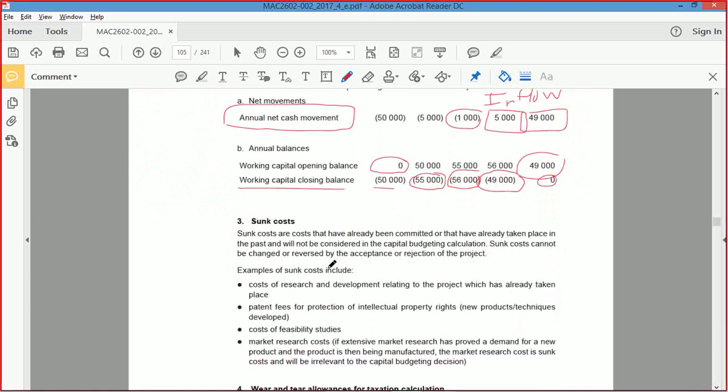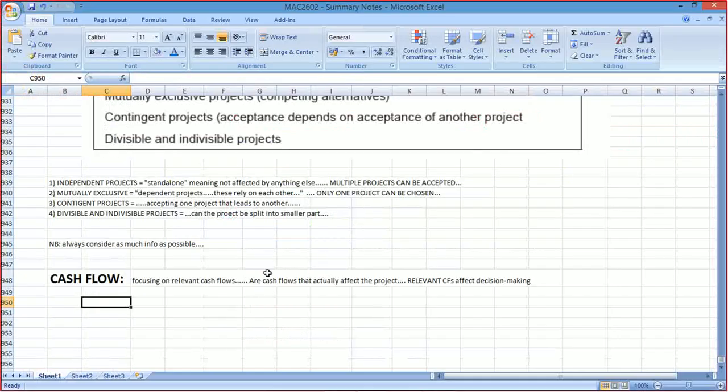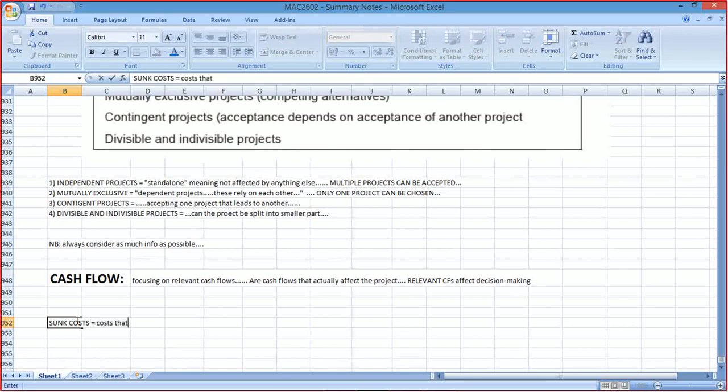Sunk costs are costs that I cannot recover. Once it's sunk, it's gone. Sunk costs cannot be recovered or recouped. This could be marketing costs, market research.